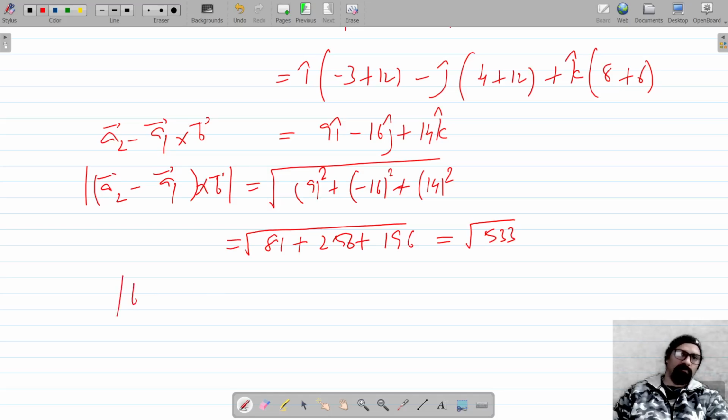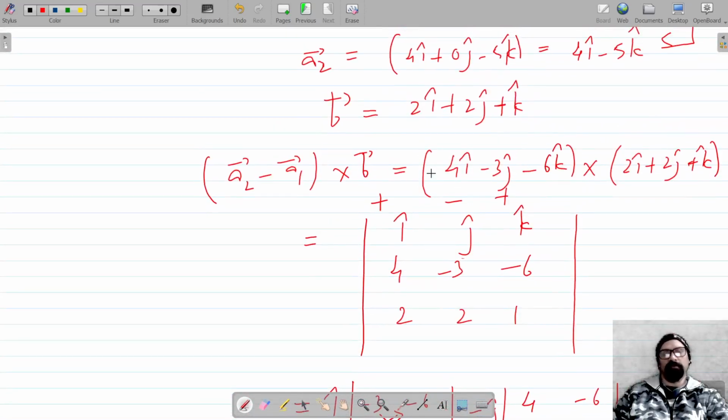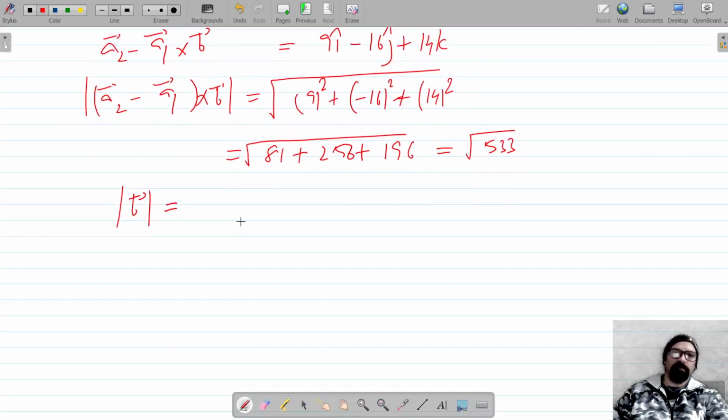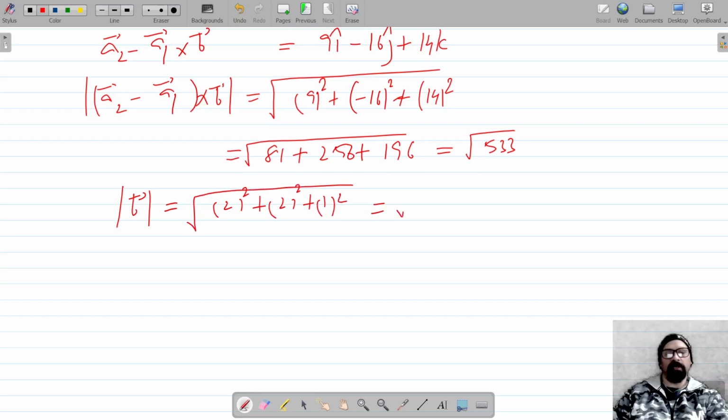And also let's find out the magnitude of the parallel vector. B vector was 2, 2, and 1. So this is the square root of 2 square plus 2 square plus 1 square, so 4 plus 4, 8 plus 1, 9. So under root 9 is equal to 3.